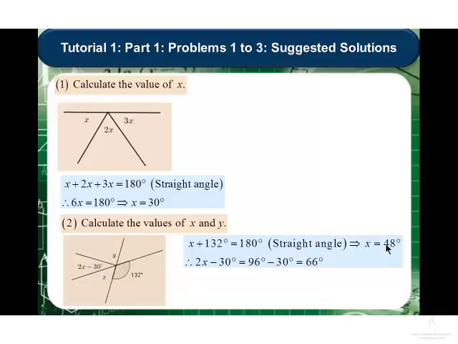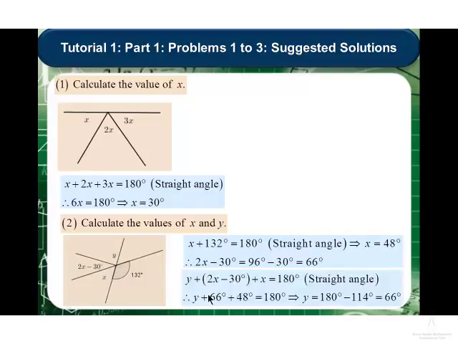This means we can now substitute the x value to find the other unknown angle, namely 2x minus 30 degrees. If we calculate, we find that this 2x minus 30 degrees is equal to 66 degrees. Noticing that the sum of x and y and this particular angle, 2x minus 30 degrees, adds up to 180 degrees, since it also represents a straight angle, we have only one unknown, y.